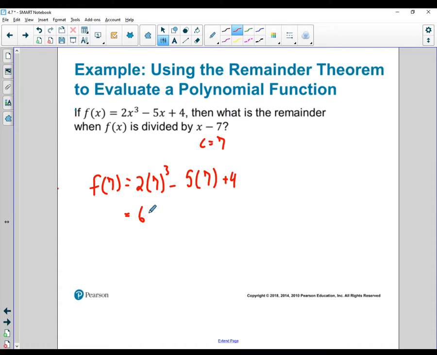So 686 minus 5 times 7, 35, plus 4. So that's really 686 minus 31. So 655.